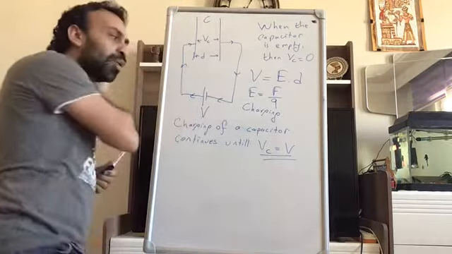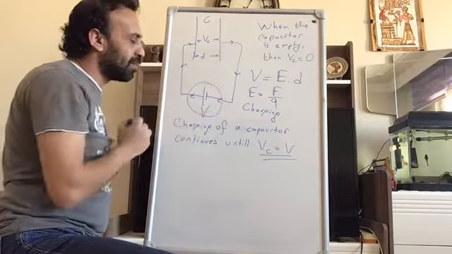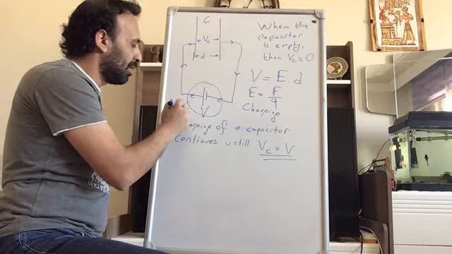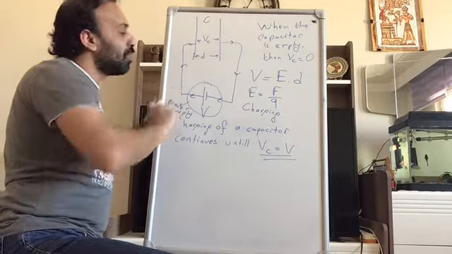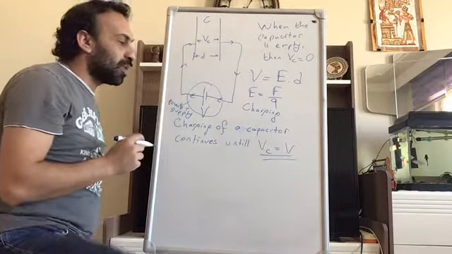So before moving on, let's take a close look at our notation. As you see, this is the power supply. And when I draw the power supply, I put one side longer than the other side. So what does it mean?